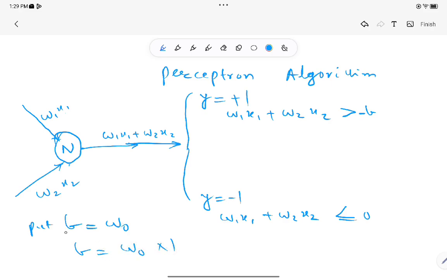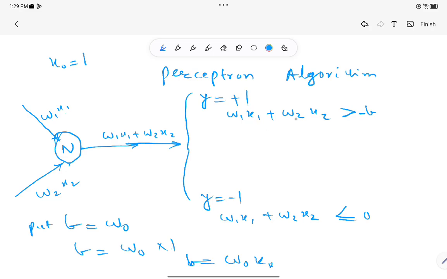Instead of denoting the threshold by b, we are now denoting it by w naught, and multiplying by 1 does not change it at all. I will write x naught instead of 1, provided I always understand that x naught is equal to 1.